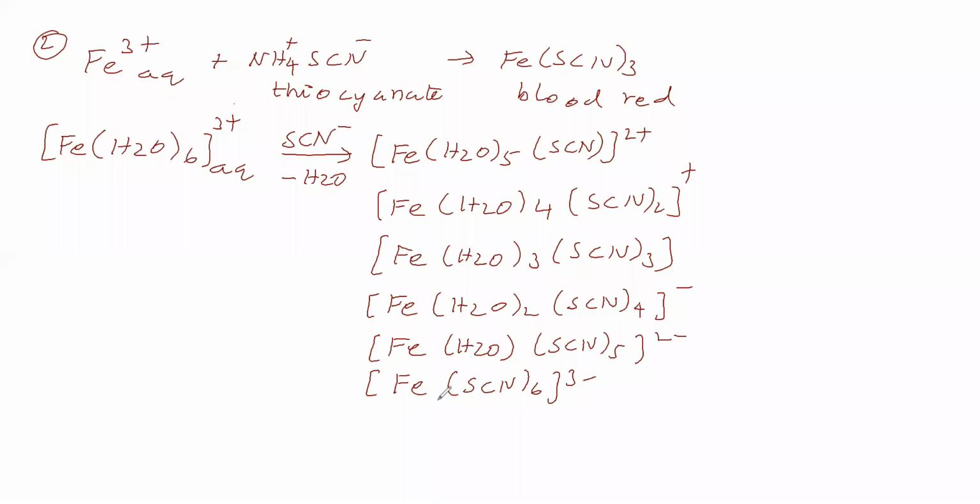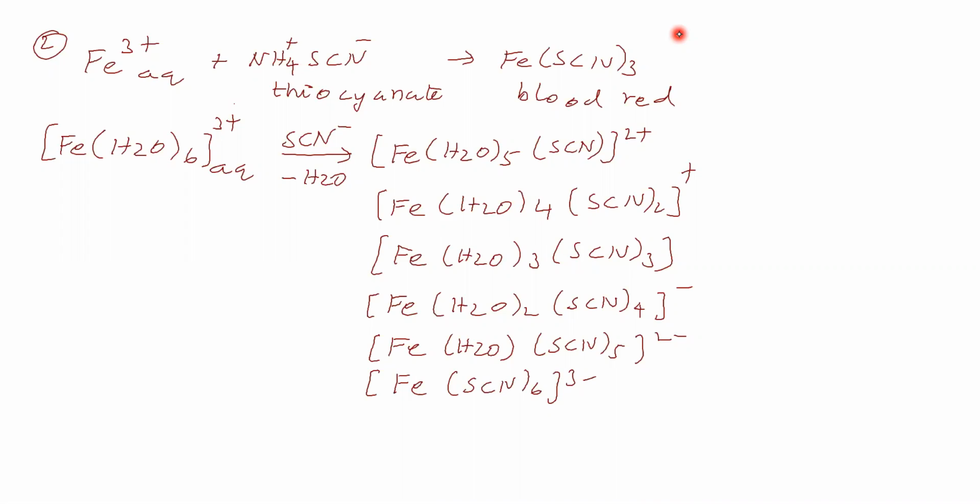So this blood red coloration is due to different formulas, with SCN one time, 2, 3, 4, 5, 6 times. Generally and simply, we can write Fe(SCN)3 blood red. It is the second test for ferric.